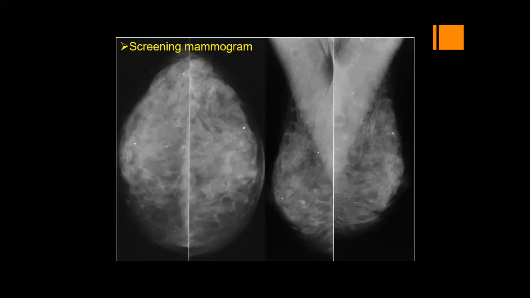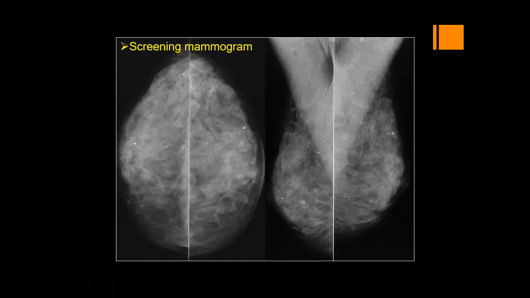You could see nothing? I mean, could you see this? Yes, multiple bilateral. So what about these calcifications? These are round calcifications. Round, benign, loose, and centered. Yes, benign calcifications.